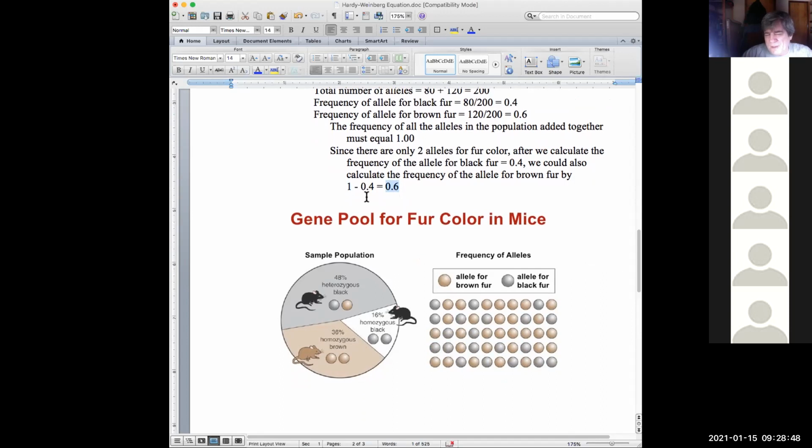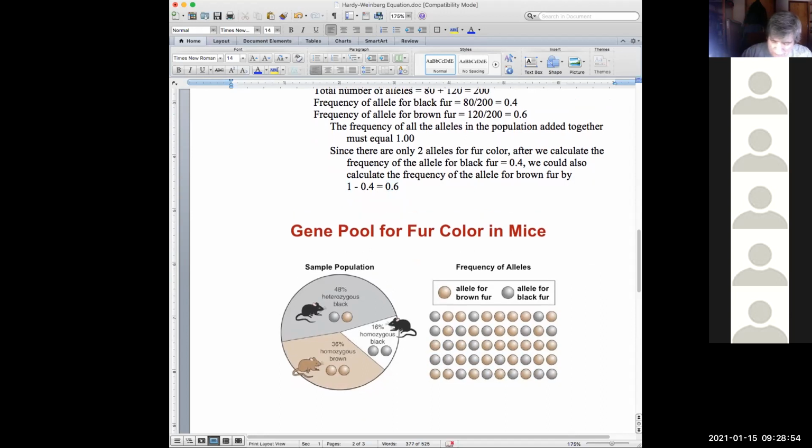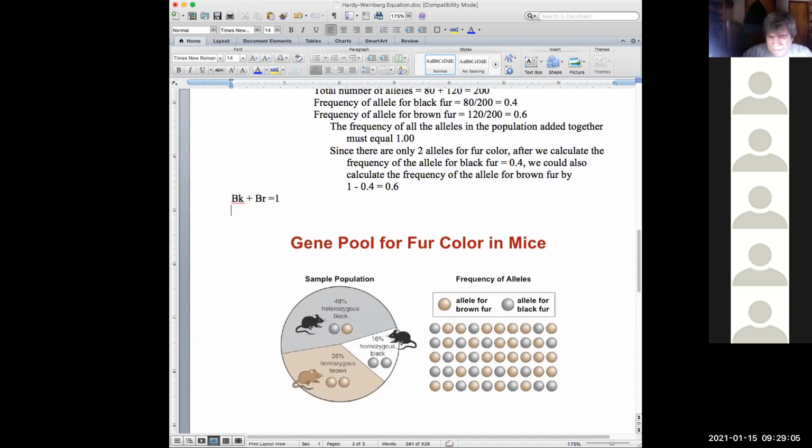So if you think about this mathematically, if we know that the allele for black fur and the allele for brown fur equal 1, and we want to find black fur, and we already know what brown fur is, we can subtract the brown fur from both sides. So once we know one of the alleles, we can always figure out the other allele by subtraction.